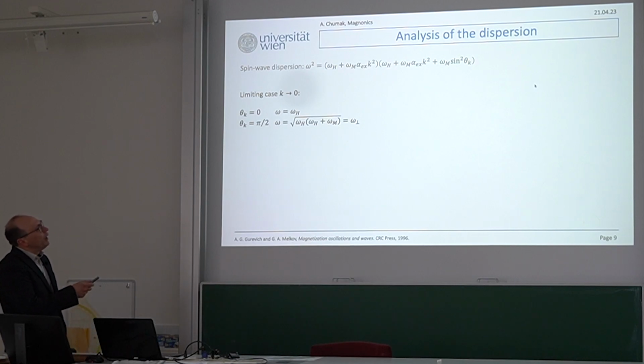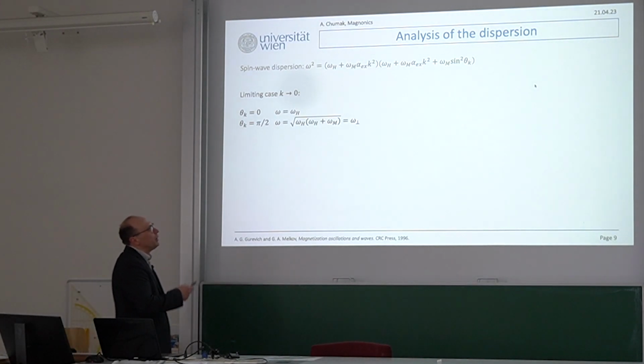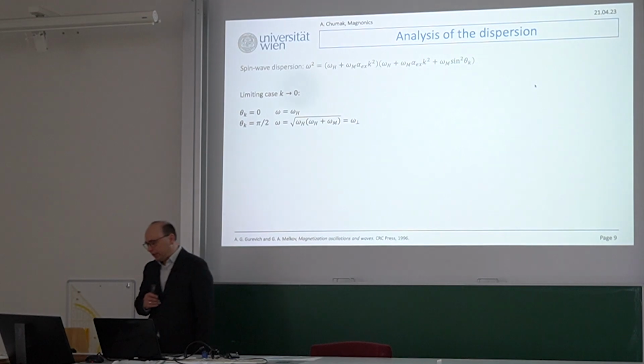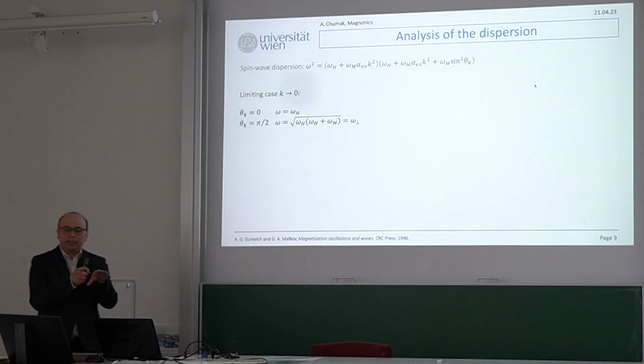It's easy. If we have theta k equal to pi over 2, then this part will give us 1. And in this case, omega will start from the value omega h plus omega m, which we already know, omega perpendicular, and this is the ferromagnetic resonance frequency for an in-plane magnetized film.